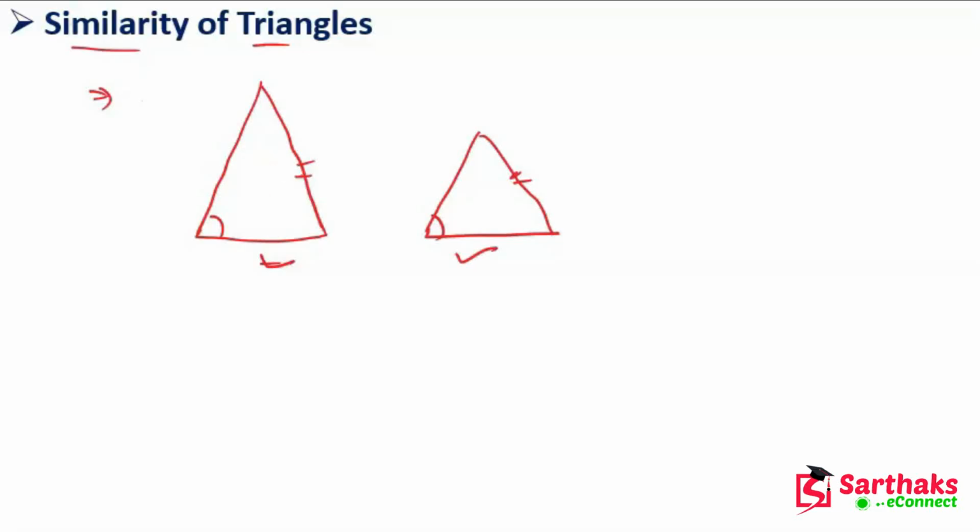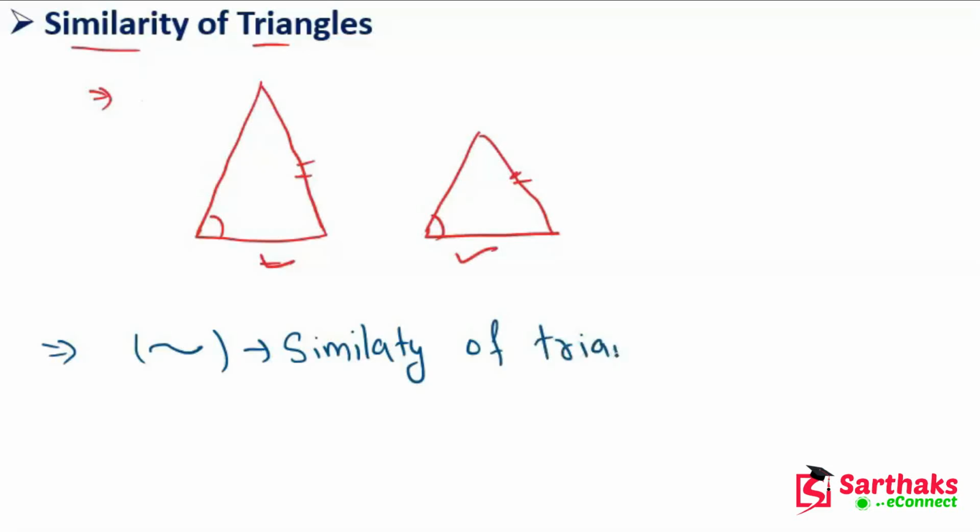Now we denote the similarity of triangles by this sign. This is the sign of similarity of triangles.